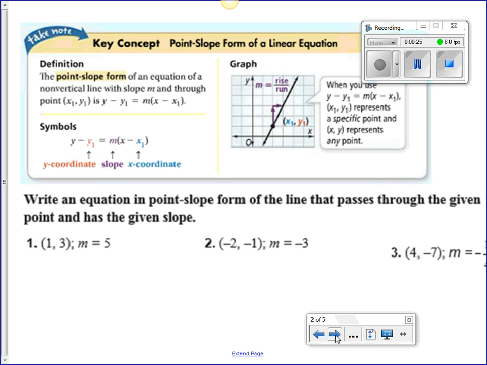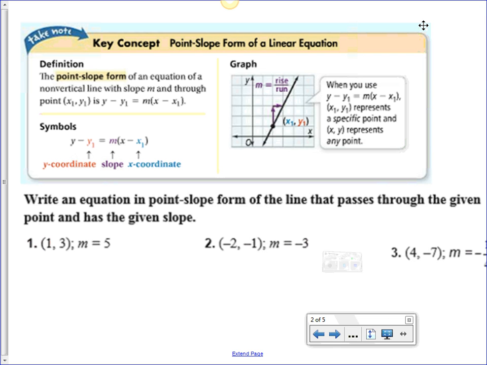So, first of all, what is point slope form? Point slope form is going to look a little bit different to us. However, as we start using it, it does become a little more friendly to us. So here it says the point slope form of an equation of a non-vertical line with the slope of m going through the point x1, y1 is as follows. You can see what it says here.